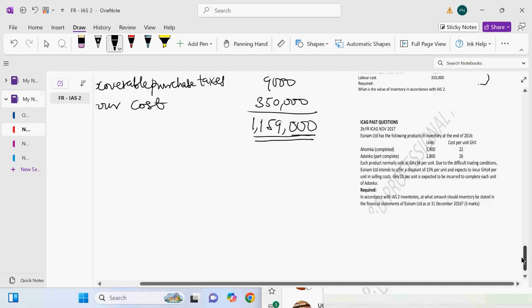I'm not sure whether it would be capitalized or expensed. It should be capitalized, because that's the cost of bringing the materials to your company. It's associated with the materials directly.